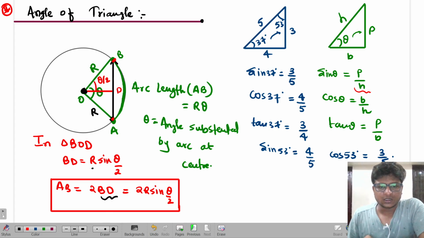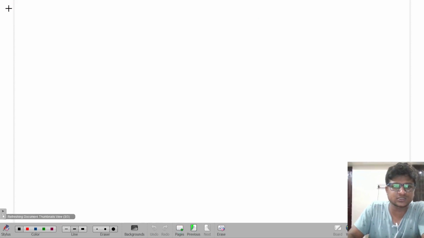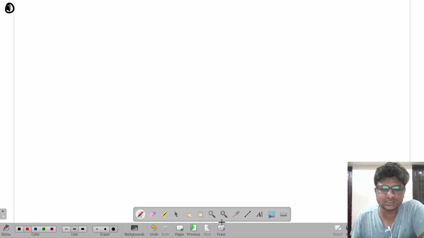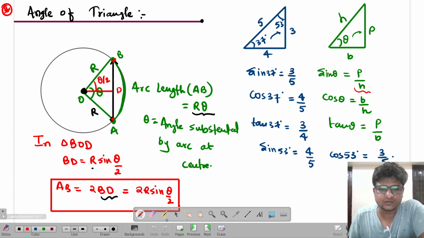So now this was the idea of the triangle. Arc length is given as r into theta, and then this AB is given as 2r sine theta by 2. Are you able to get me? Okay. Now next point, the idea is very simple, when we consider this arc length.